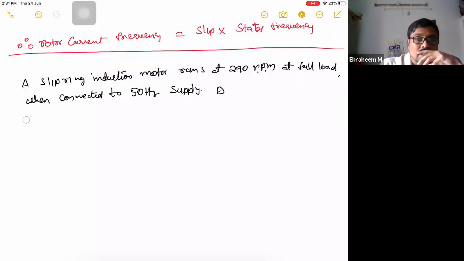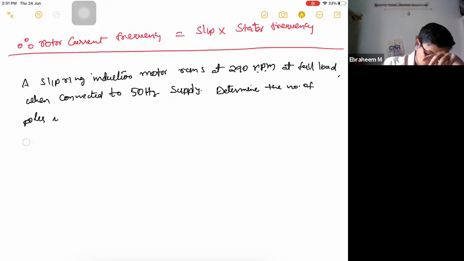Determine the number of poles if synchronous speed is 300 RPM.